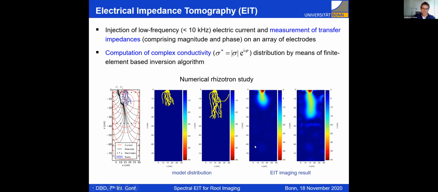That is the imaging result that we can expect from measuring a set of resistances, or now with conduction and polarization, a set of impedances, including phase shift, that we can compute from a set of these transfer impedances. You also see that we cannot expect, like with ERT, to spatially resolve individual root segments, but rather to delineate the spatial extension of the root system.